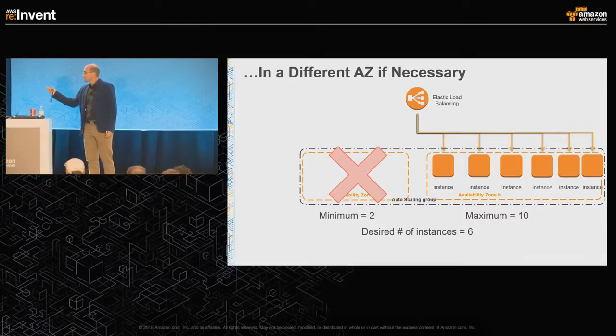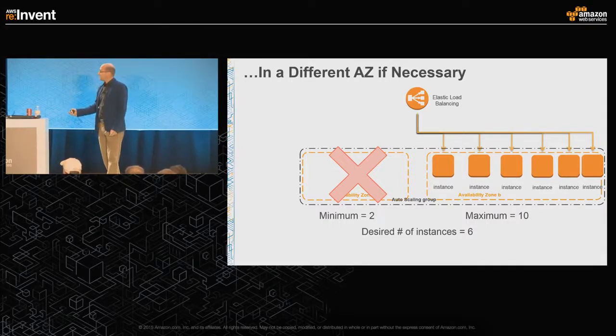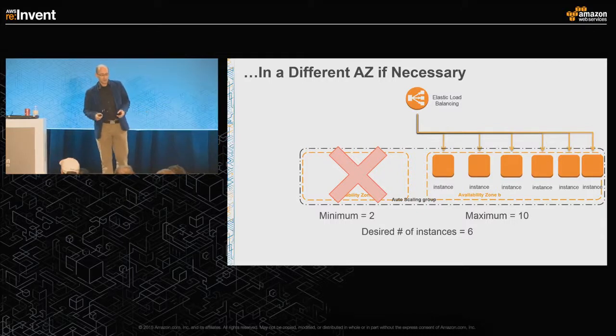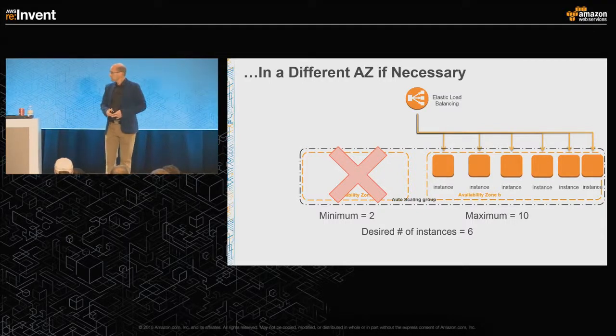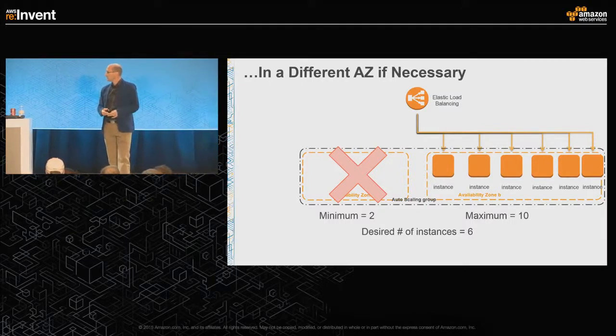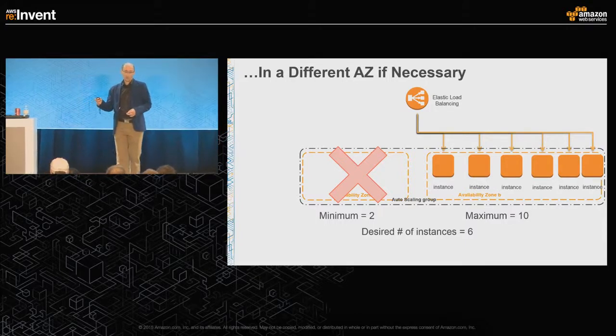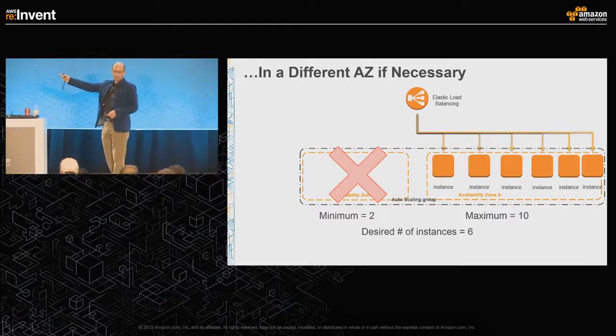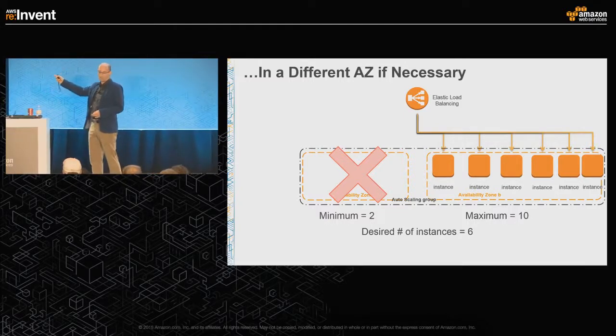I have 2 AZs, so I guess that means 3 in each. And it has 6 in one of them, so it's not really balanced. So it needs to move 3 instances from one AZ to the other. And that's pretty much the only case where you can go above the maximum capacity for a short amount of time, because autoscaling doesn't just shut down 3 of those instances right away, because that will bring down your capacity much too low and you will see failures and whatnot.